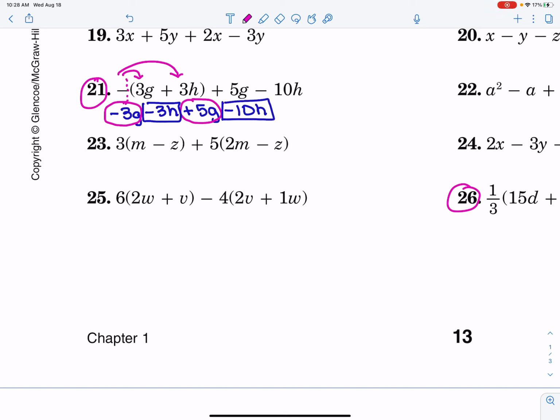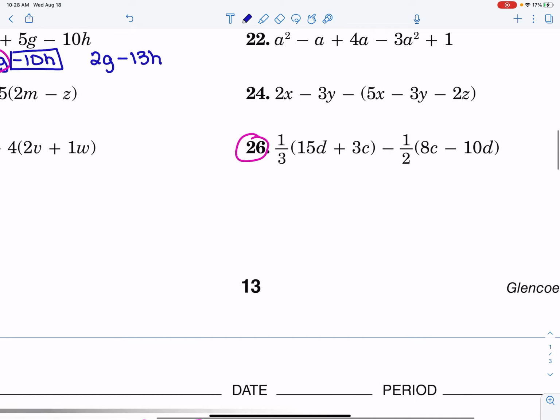So when we simplify that, -3g and 5g gives us 2g, and -3h and -10h gives us -13h. All right, so let's go on to number 26, where there is a fraction.